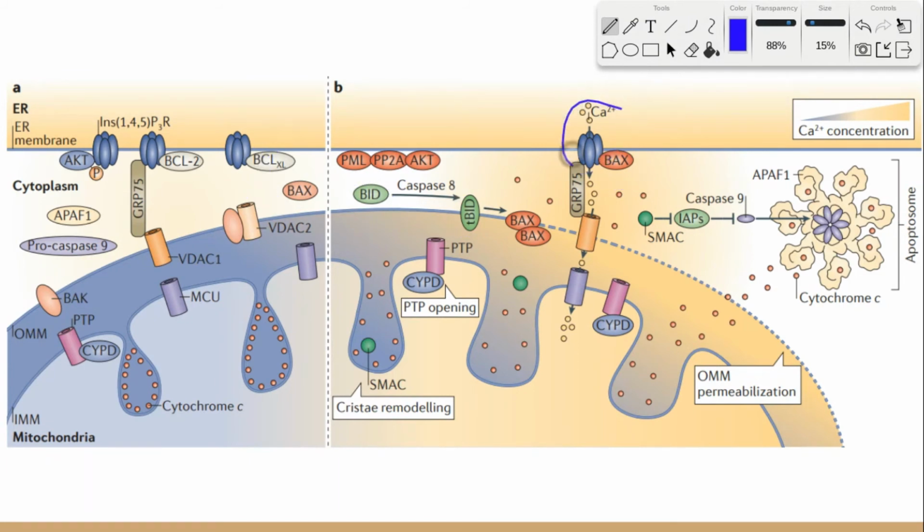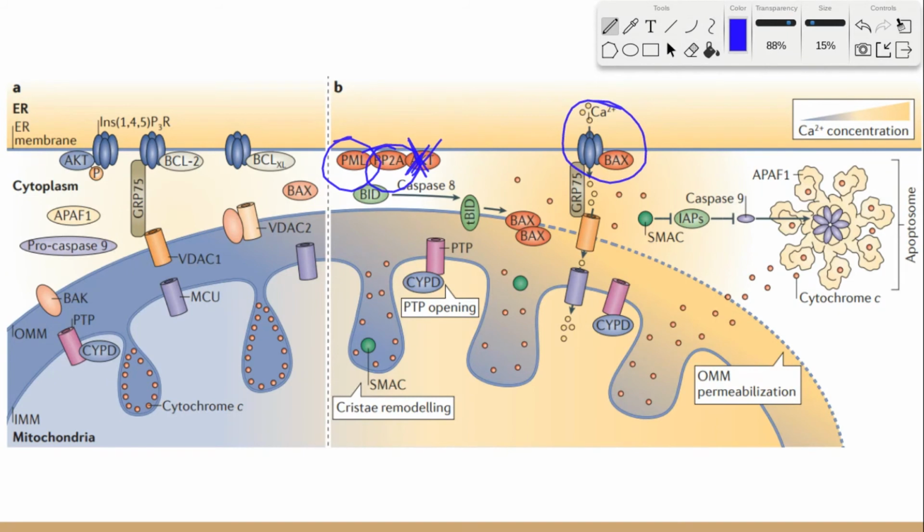Binds to IP3Rs and increases their sensitivity to IP3. PML is also activated, and it drags AKT away from IP3Rs and inhibits it, and simultaneously recruits PP2A phosphatase to remove inhibitory phosphates from IP3R.